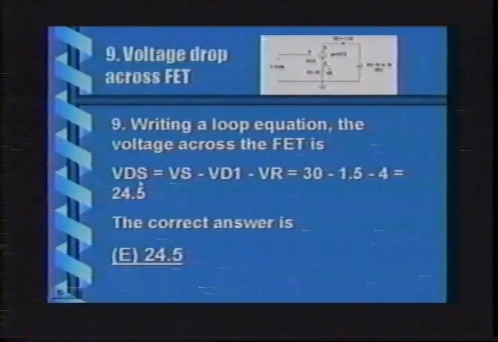The drain to source voltage is equal to the variable supply voltage minus the voltage across the diode minus the voltage across the resistor. 30 minus the diode voltage, which is given as 1.5. The resistor voltage we know stays constant at 4, so we get 24.5 volts. Looking at the choices for the answer, we find E is the correct selection.